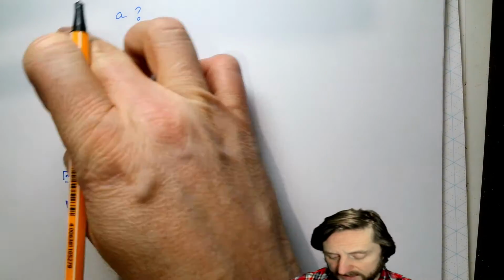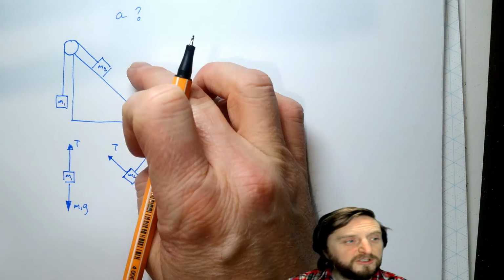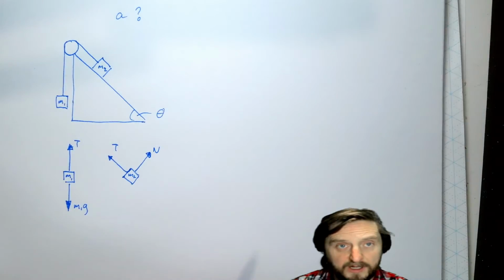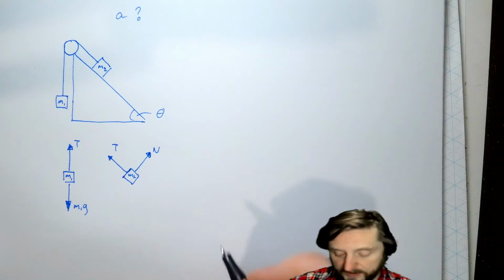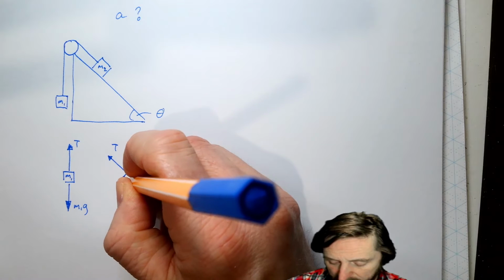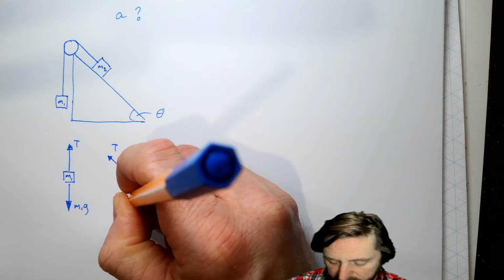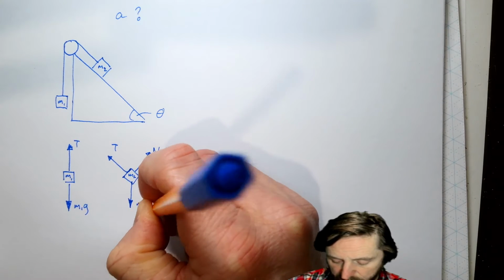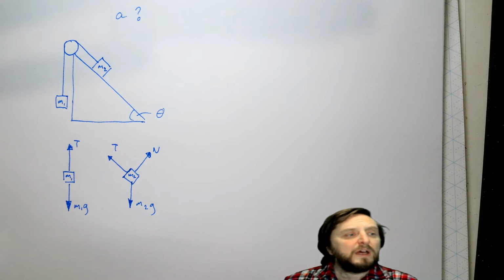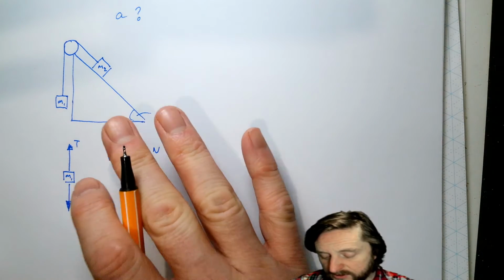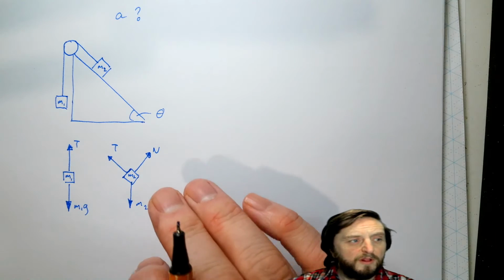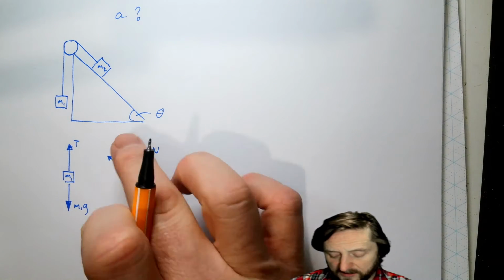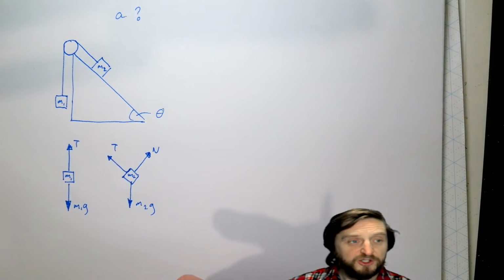Again, it's a massless string connecting the two, frictionless pulley, so we're going to have the same tension in both pieces of the rope. And now the weight of this one is going to hang down like that, M2G. So we now have two separate bodies again. They're again interacting through this tension.